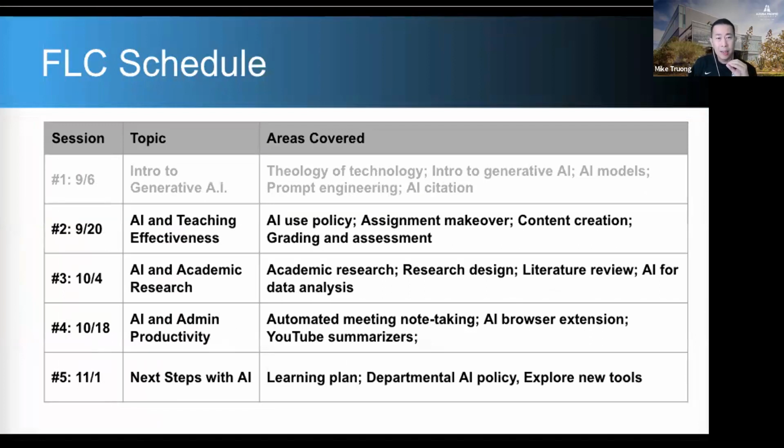So last week we did a very broad coverage of the tool and what it is, the different models, prompt engineering, and then the issues of citation. This time we're going to dive into the specifics of AI use in the classroom, because I know that's been a topic of discussion for quite a few people at APU and many places.